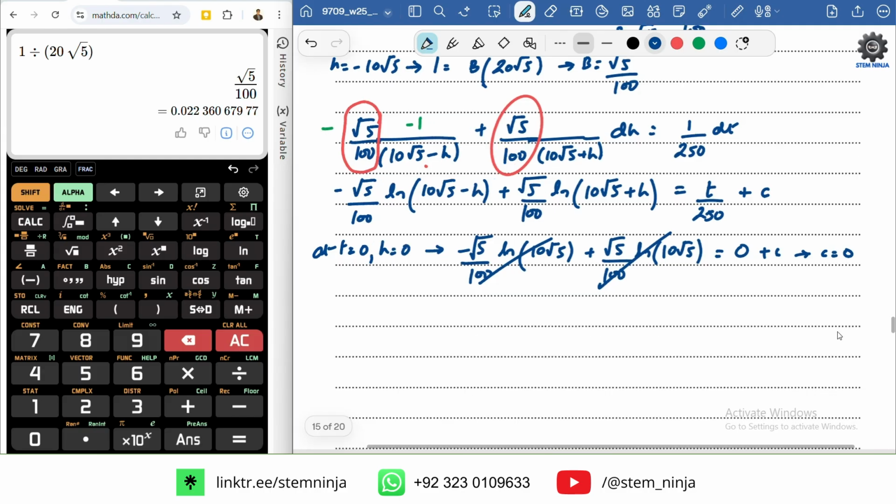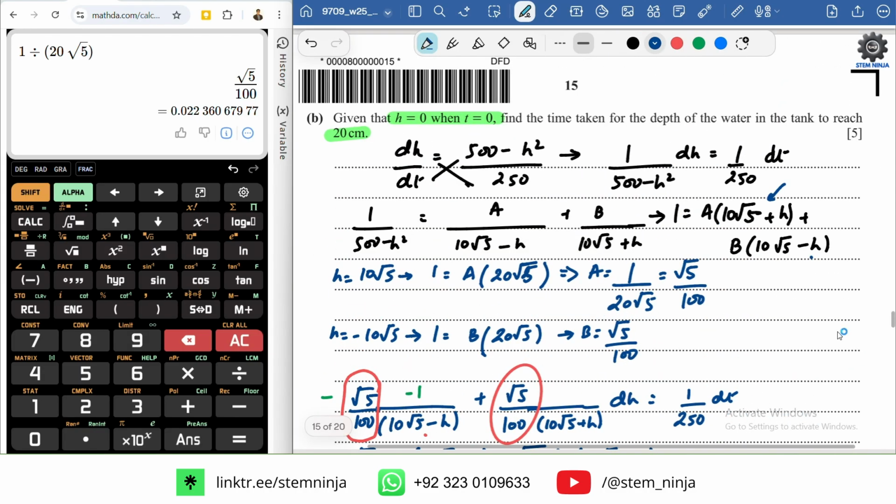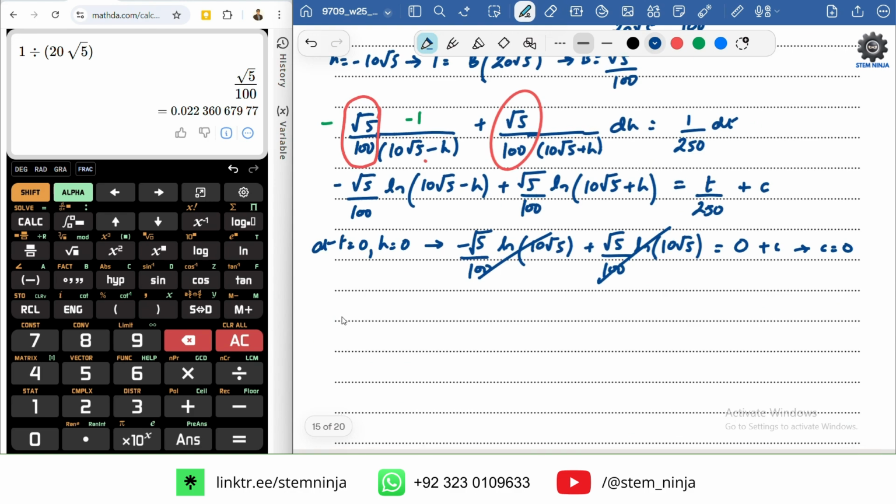So finally, no, this is not the final. We just need at h is equal to 20 centimeter.